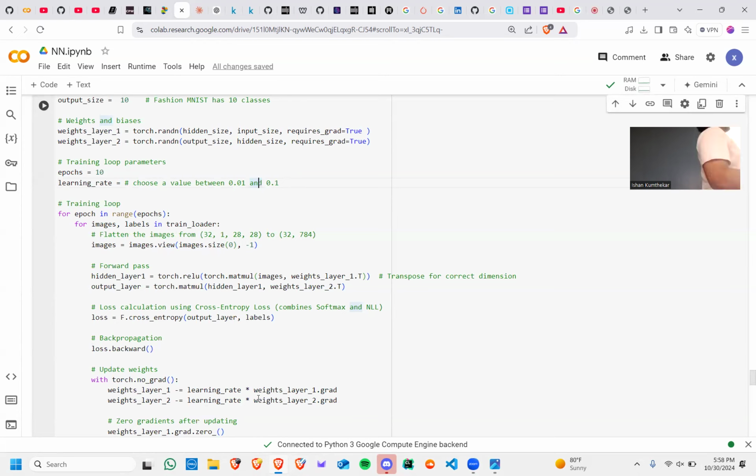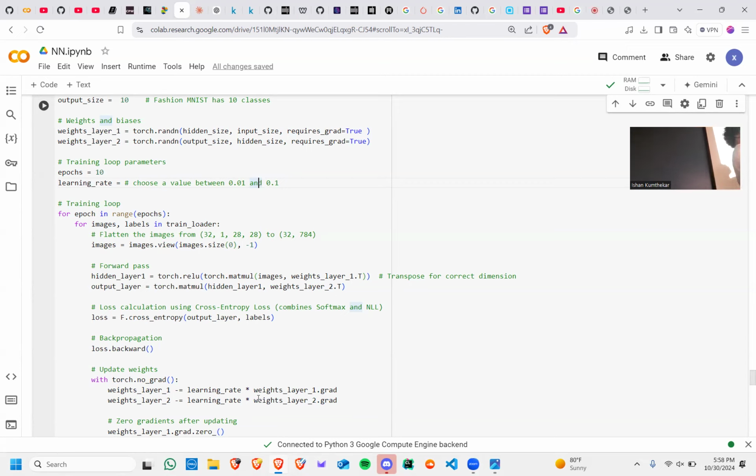The second thing that you want to do is called the forward pass. Does anyone remember what a forward pass does? It moves your input all the way to the output through the network, right? What you do is your hidden layer 1 output will be your images multiplied by the weights layer. Remember, your input multiplied by the weights at the first layer.